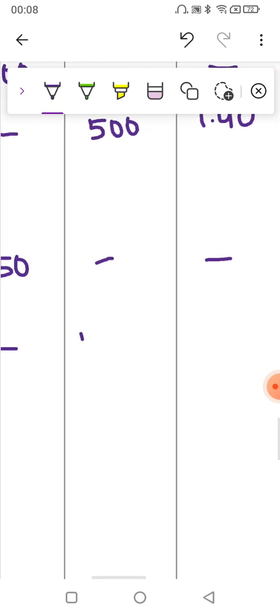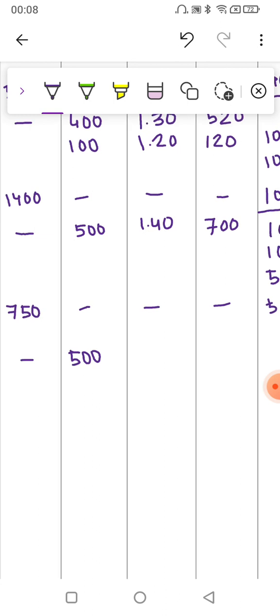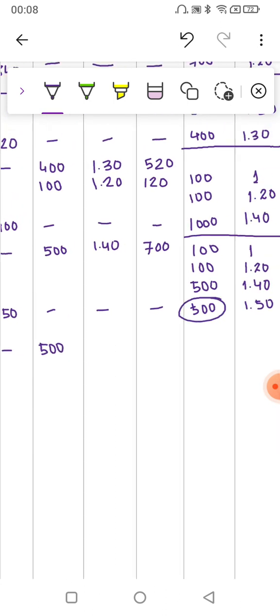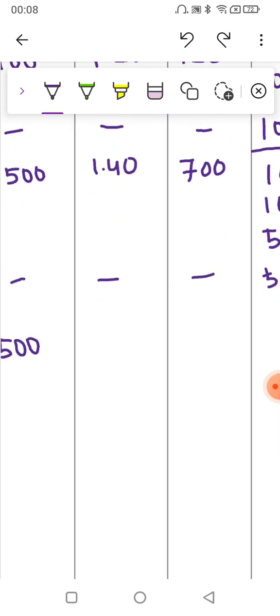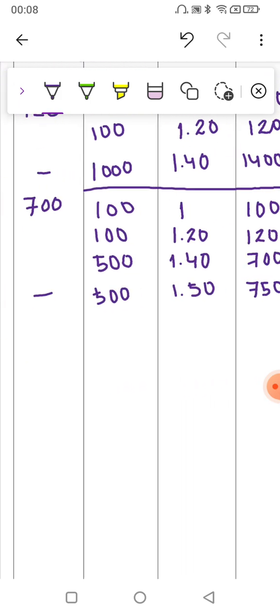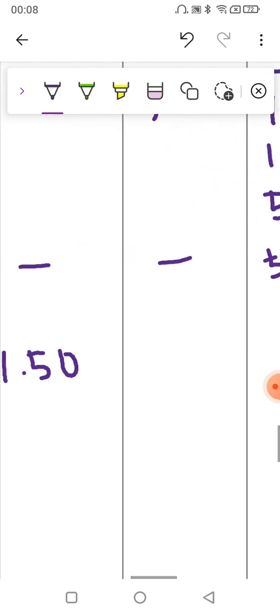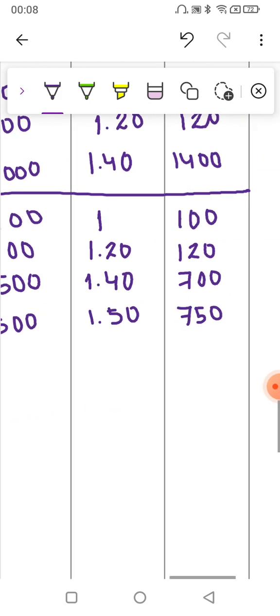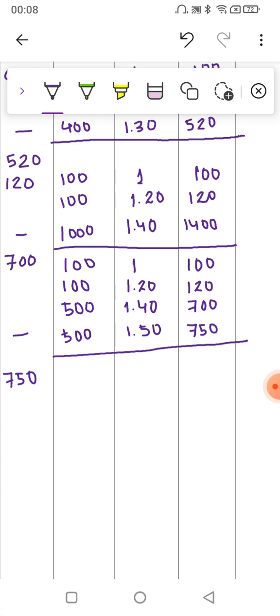So 500 were issued. Now we have to see from where we can get this 500. You can see the latest stock was of 500. So we're going to take this from the latest stock that was 1.50 per unit, which amounts to 750 after multiplying.